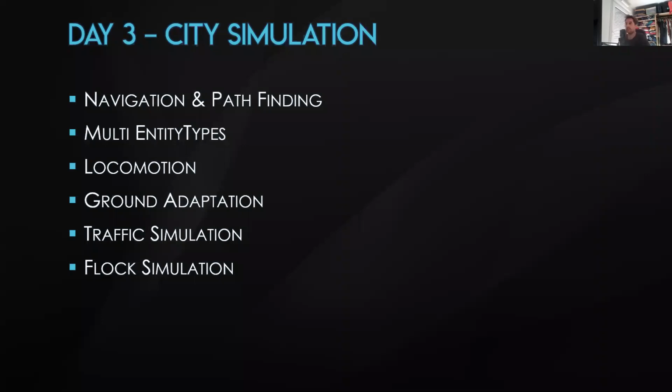So today we're going to speak about navigation and pathfinding, how you are able to send your characters somewhere and they can compute their own paths. We're going to speak about multi-entity types. It's true that so far we've been playing with only one type that was always the same. So what if you need to bring multiple characters in your scene, and how you can share behaviors between those types?